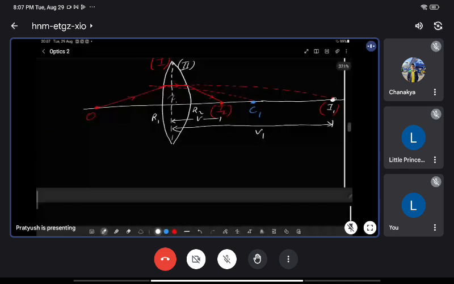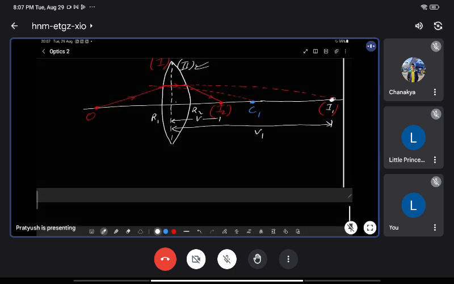This white dotted line is the optical axis. So it is at a distance V. But we know that for the second surface, the object will act as this image I1. So V1 will be the object distance for the second image.